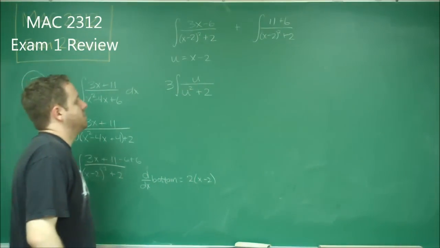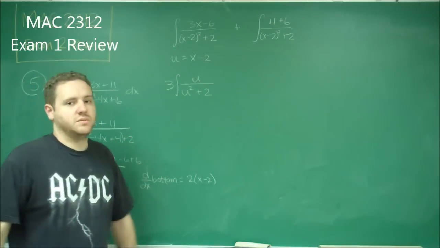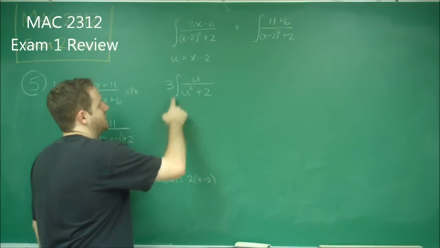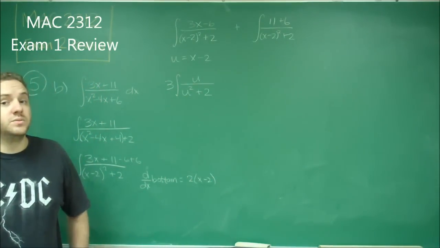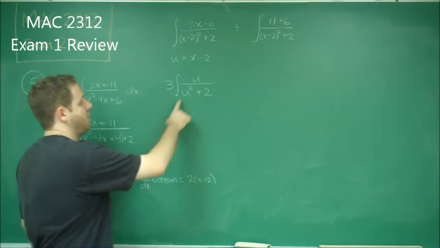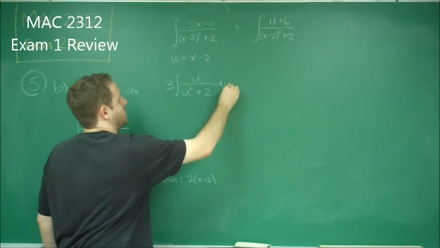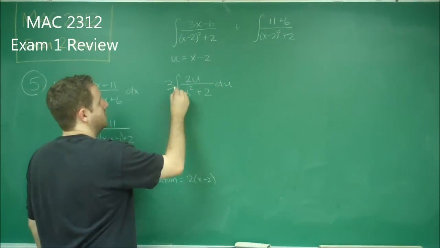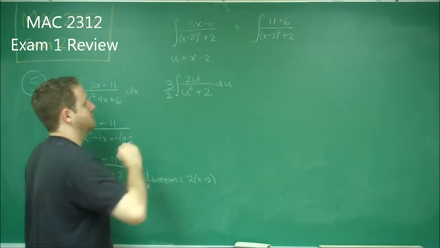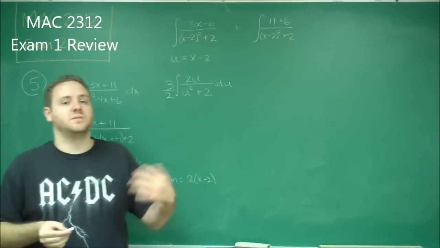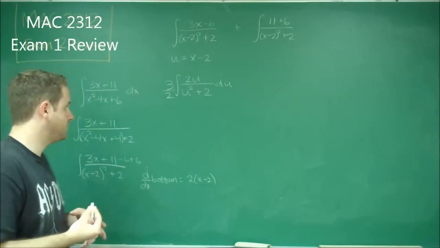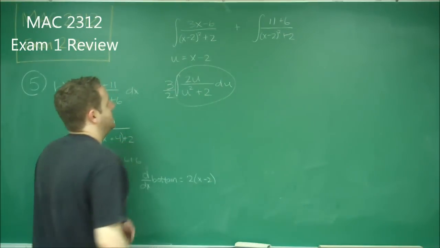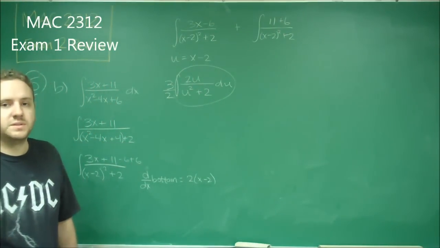So that's pretty simple to do in terms of being an ln. We get a natural log if the top is the derivative of the bottom. Well, the derivative of the bottom here is 2u. So if we want to put a 2 here, we have to divide by 2 here. Because if you multiply by 2, you have to divide by 2, because you want to keep it the same. So that means that this whole thing now is just ln of u squared plus 2.